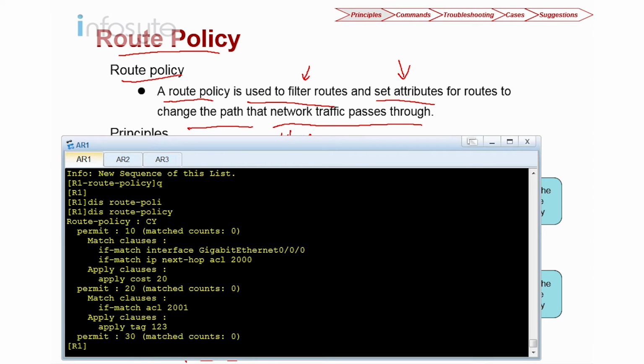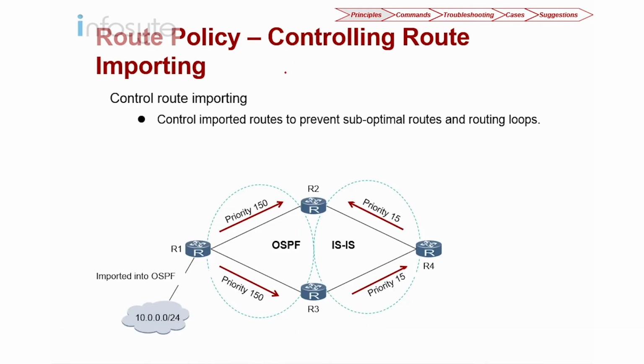Okay, so here is some of the logic that I showed you on how the route policy works. Let's examine one topology, and I'm going to introduce a route policy and the uses of the route policy under these circumstances. Assuming that now I have four routers, R1, R2, R3, and R4.